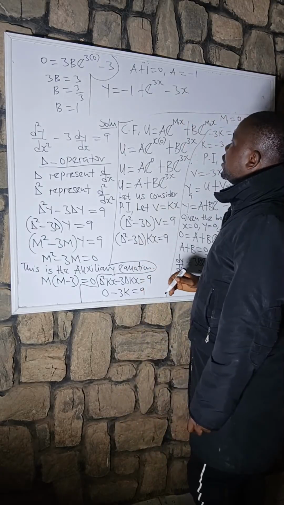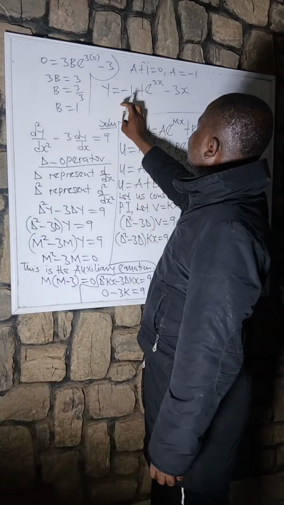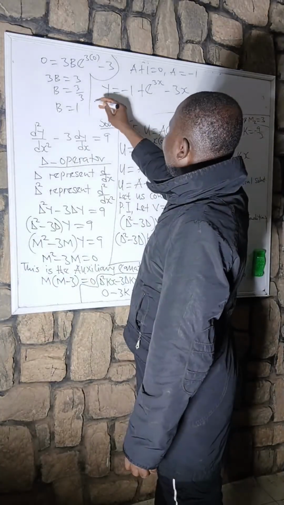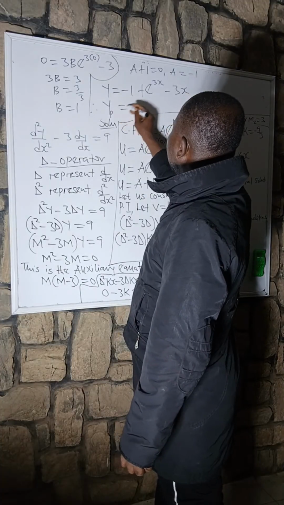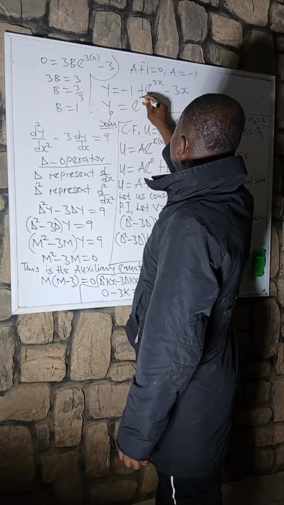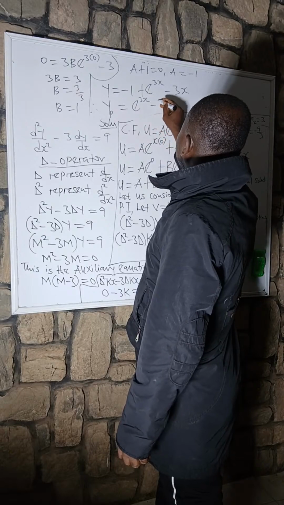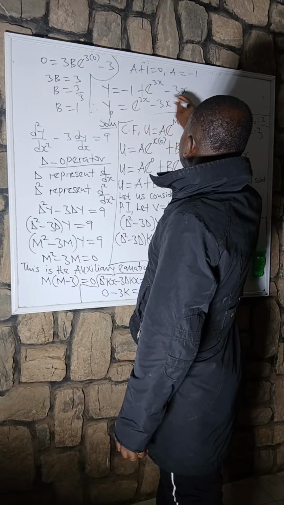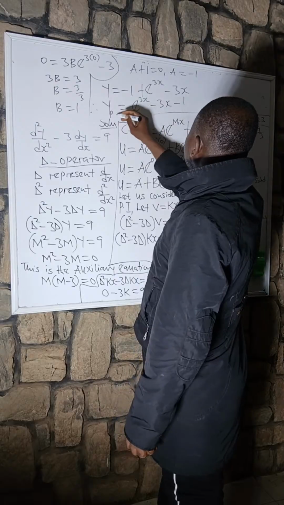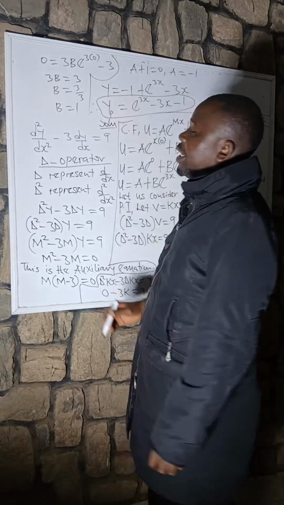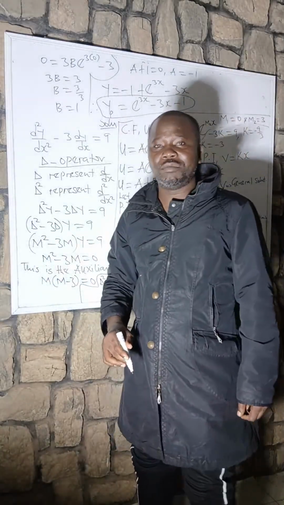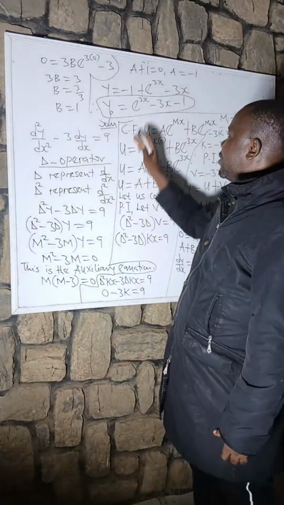So can you see now, this is our particular solution. The final answer is y equals exponential 3x minus 3x minus 1. This is what they want us to determine, and we are able to determine this.